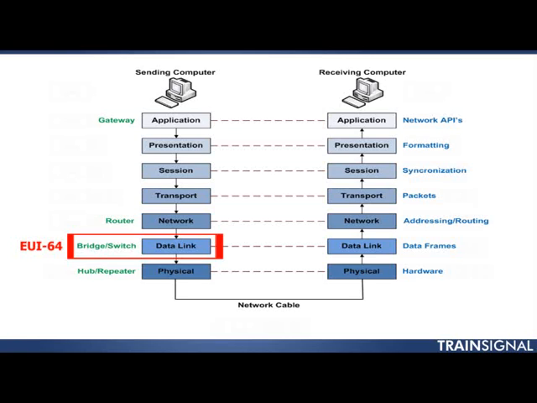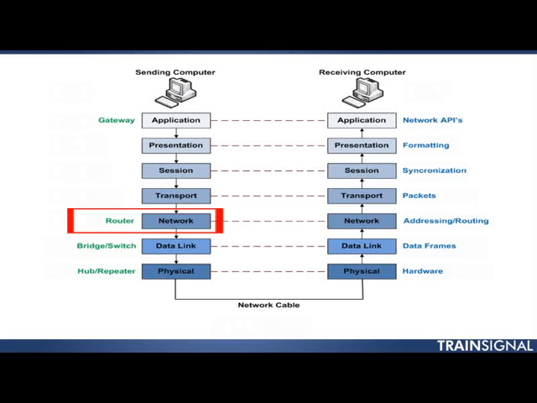The reason I'm bringing it up is because if we're going to talk about MAC addresses, which of course is the media access control sublayer of the data link layer, then anything EUI-64 related is also going to function at that same media access control sublayer of the data link layer of the OSI model.